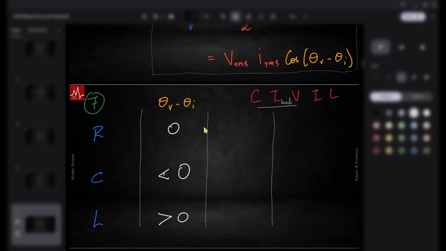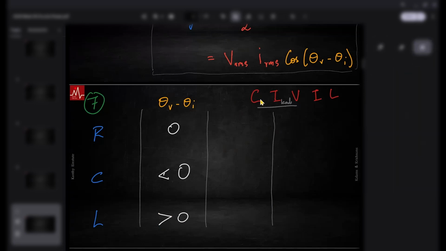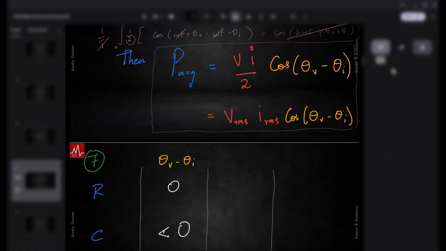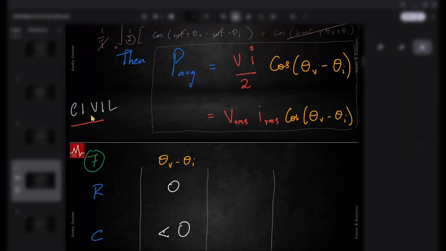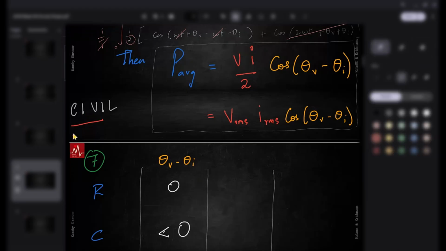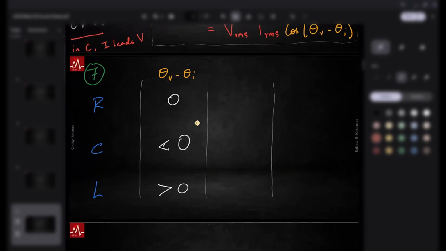Let's also write that. It's just a mnemonic, let's put it somewhere else. Can put it over here also. In a capacitor, current leads voltage. I leads V. So let's also write that down.